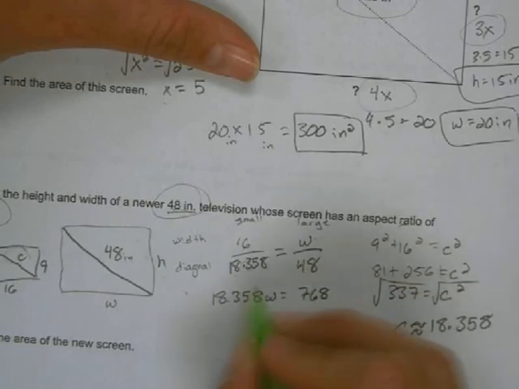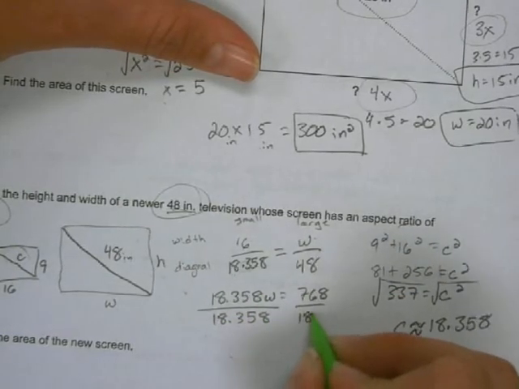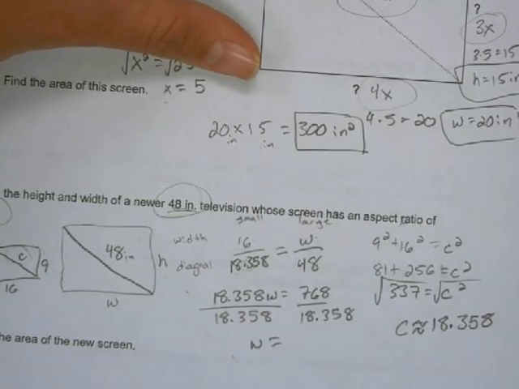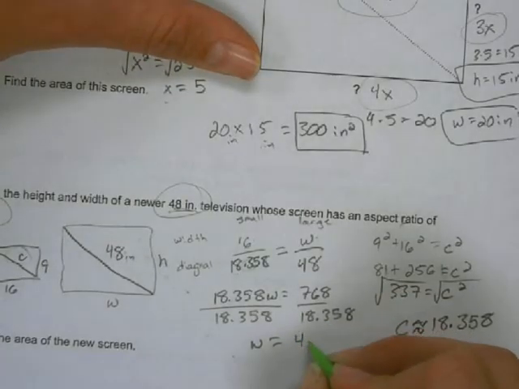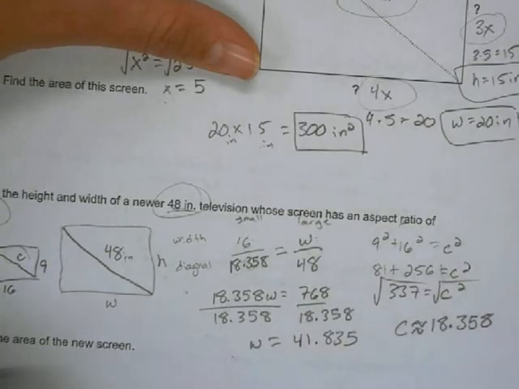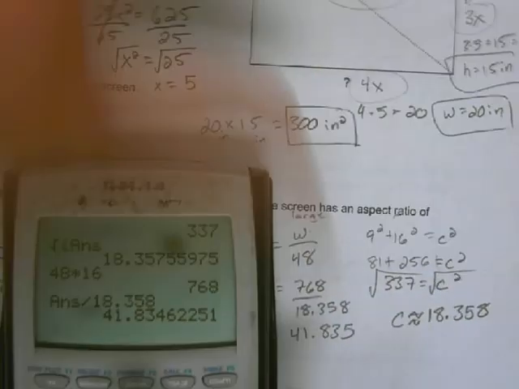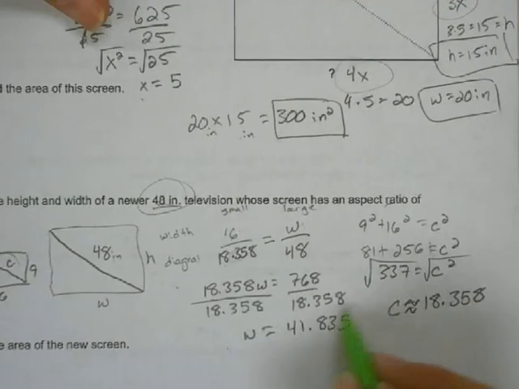Divide that out by 18.358, and that gives me W is equal to 41.835. Again, rounding 41.8346, so the 6 becomes a 5. There's my width.